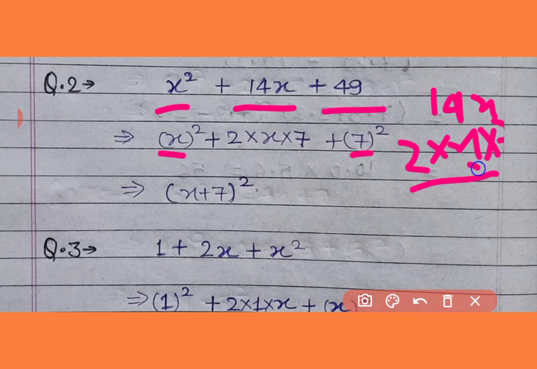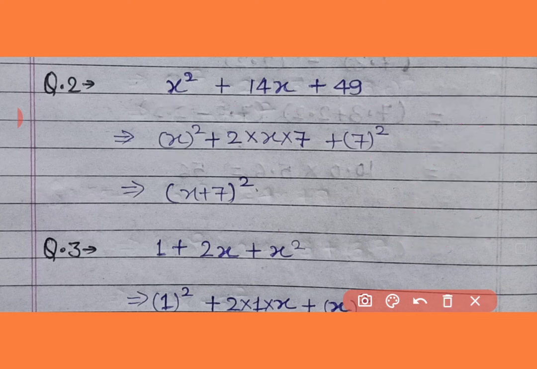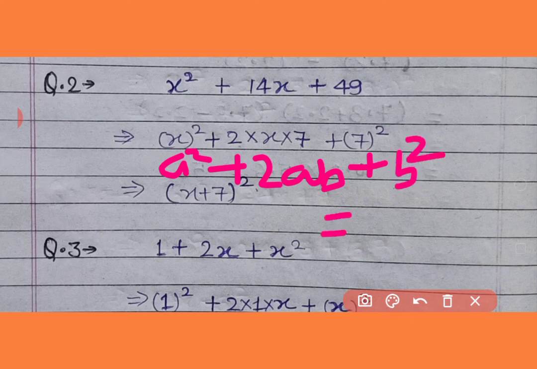So 2 times 7 is 14, 14x is coming. Now here we can say that this is a square, this is 2ab and this is b square. Then the short form of this formula is (a plus b) whole square.